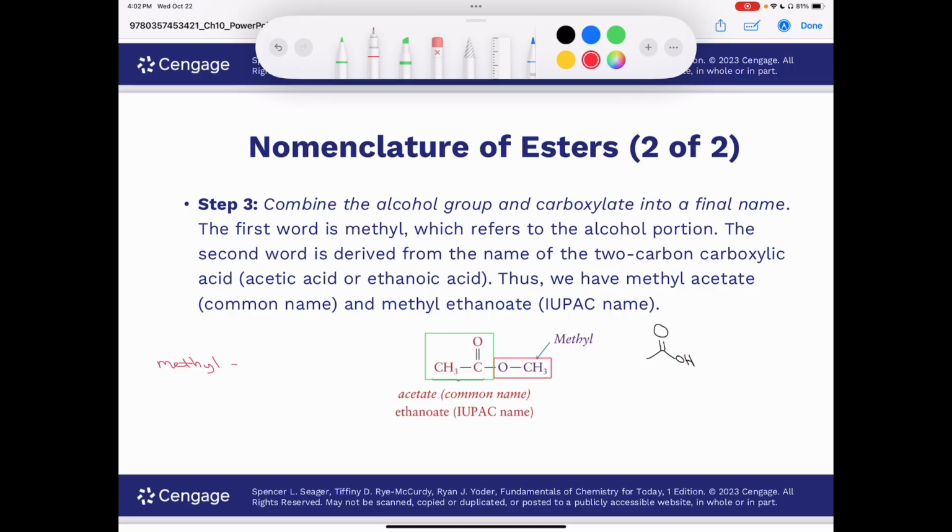So we could call this compound methyl acetate, or you could call it methyl ethanoate. Either one is fine. Now, most people would stick with methyl acetate because common names are common for a reason. They're commonly used, but either one would be acceptable. So again, methyl acetate would be the common name. Methyl ethanoate would be the IUPAC name.